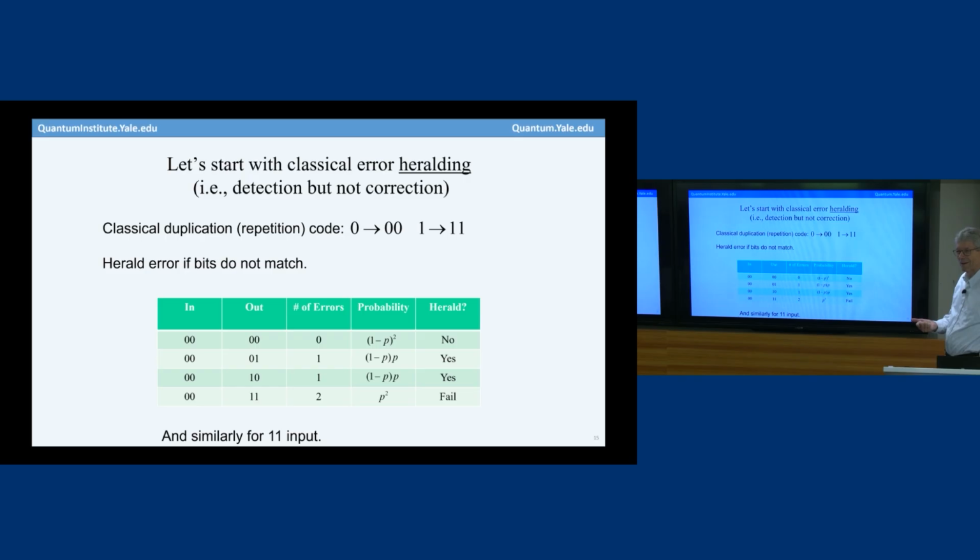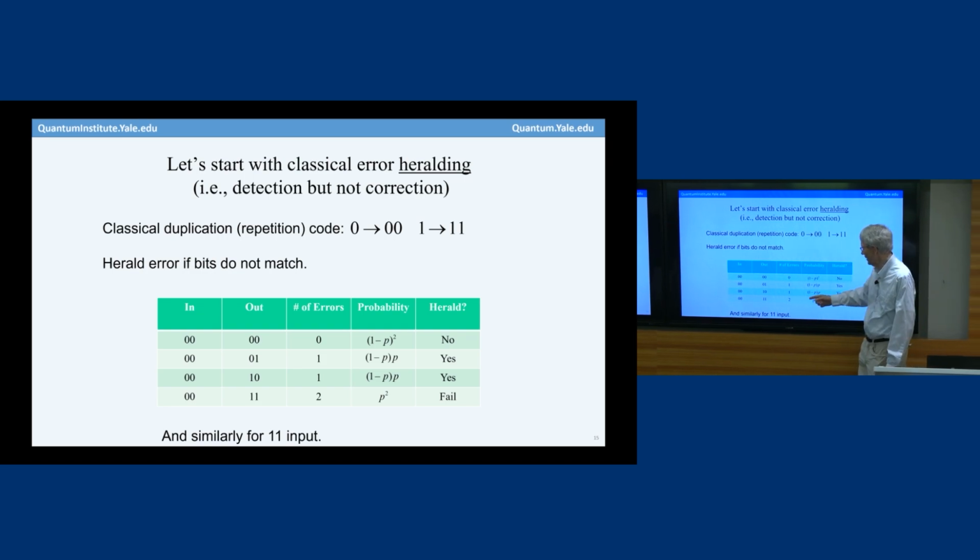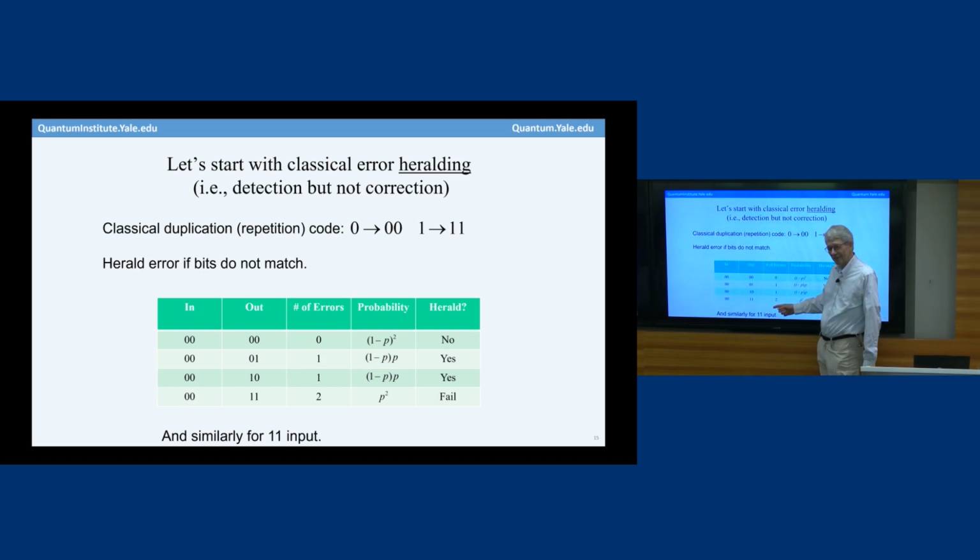Now with the last one, how would you be able to differentiate whether the input wasn't 1, 1 for you to get an output of 1, 1? Excellent question. You can't. So this code cannot correct actually any errors.